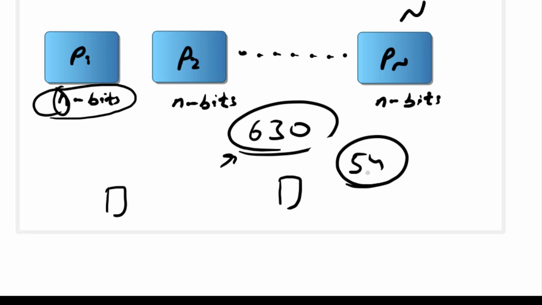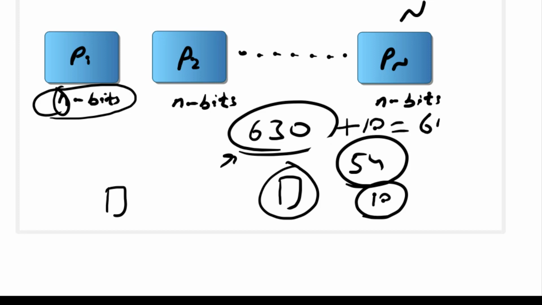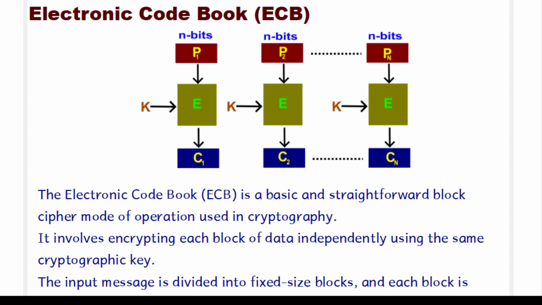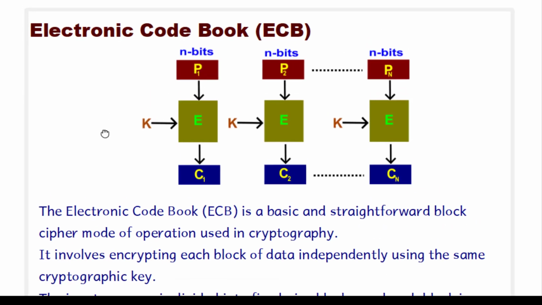So 10 bits of padding is done so that the last block also becomes 64 bits, and the total becomes 640. It must be a multiple of 64 if all the blocks contain 64 bits. So in case the last block has fewer bits, some padding is done to make it a multiple of 64.